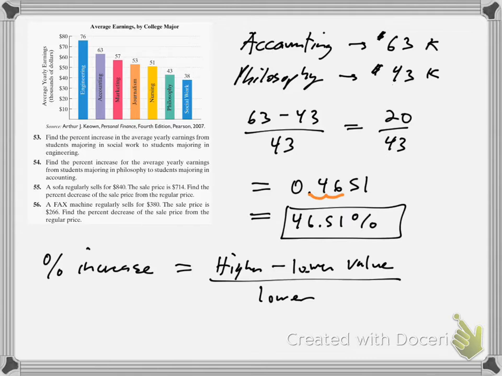Okay, and then percent decrease is higher... well, let's not do that right now. Let's skip that. My bad. Since we're doing this problem, we'll just do that for now.